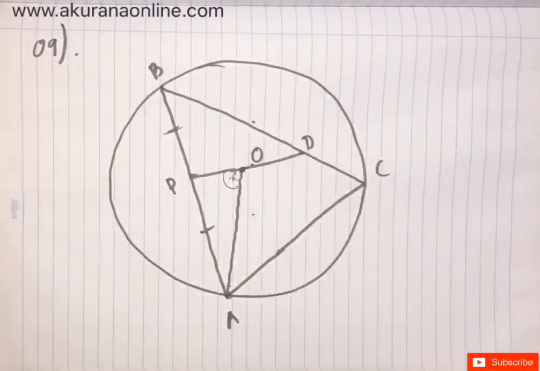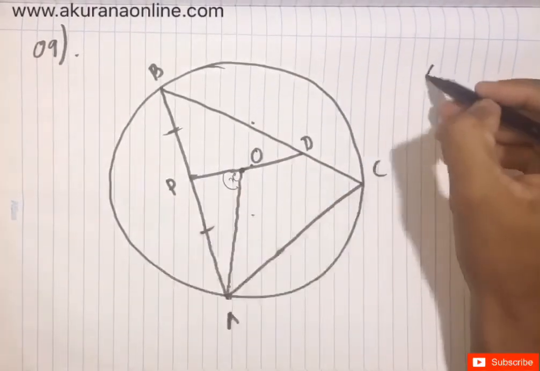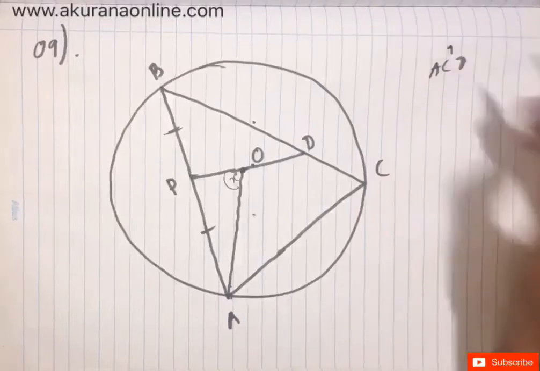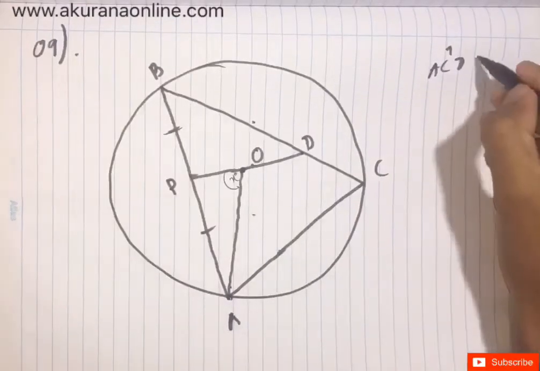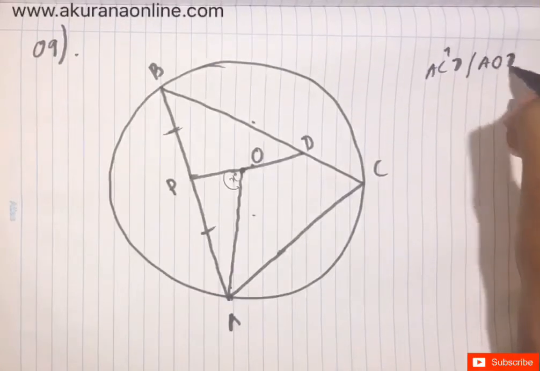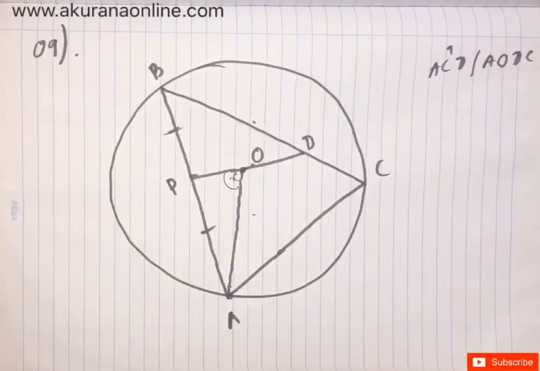You have to find ACD in terms of X, and also show that AODC is a cyclic quadrilateral.